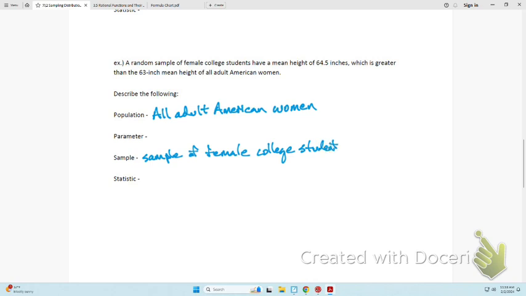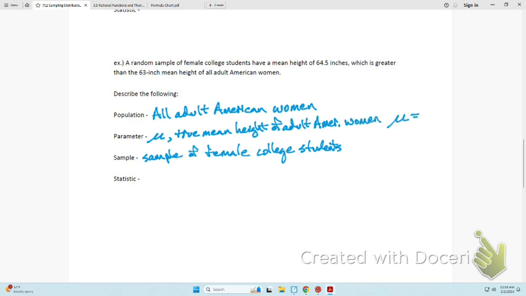What I am more worried about is the parameter and the statistic. So we are looking at mu, the true mean height of adult American women. And they told it to us.